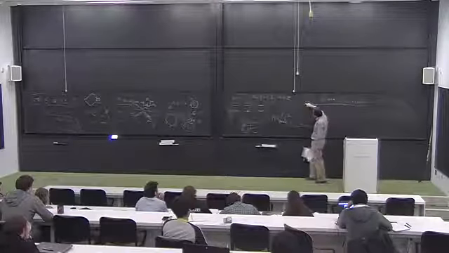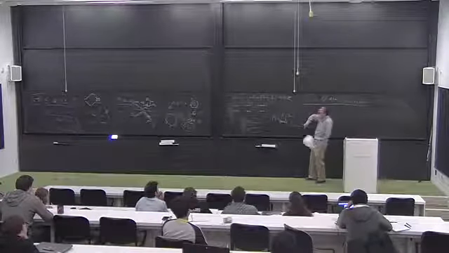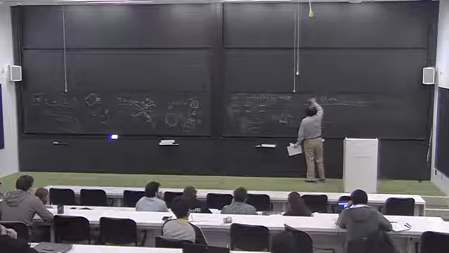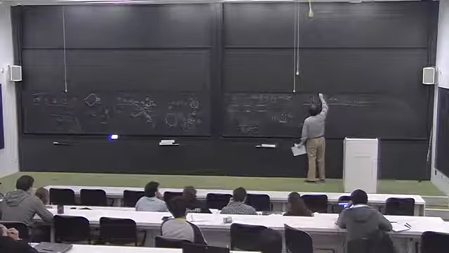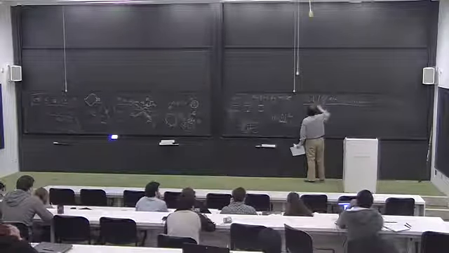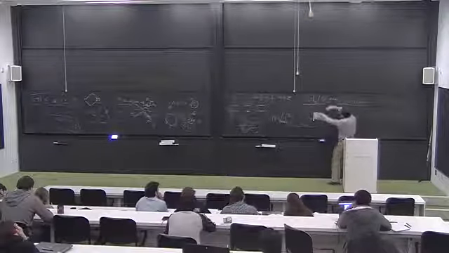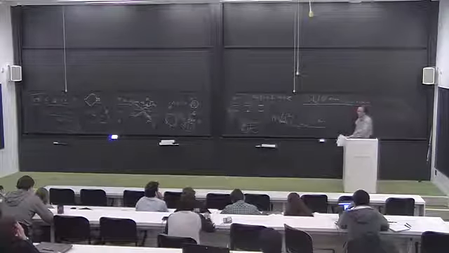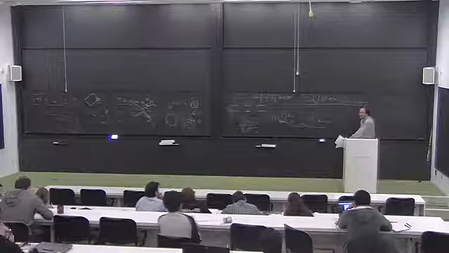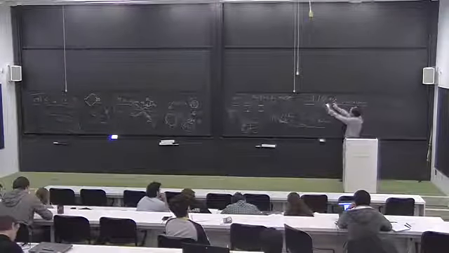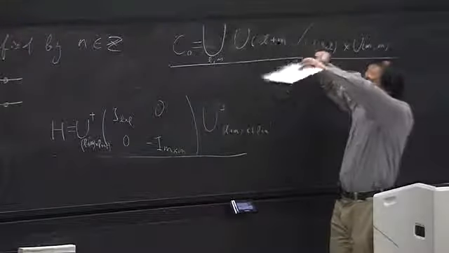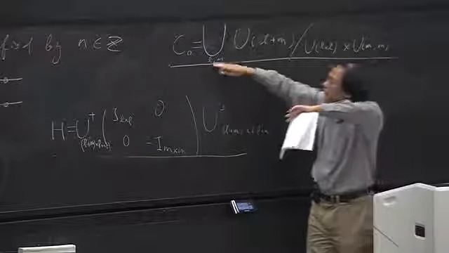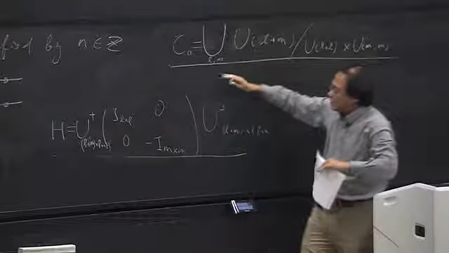For this particular choice of L and M, there are many components. So the whole thing is a union over L and M, and each component is connected. So that just gives you one thing. But the different unions of L and M give us this label N.